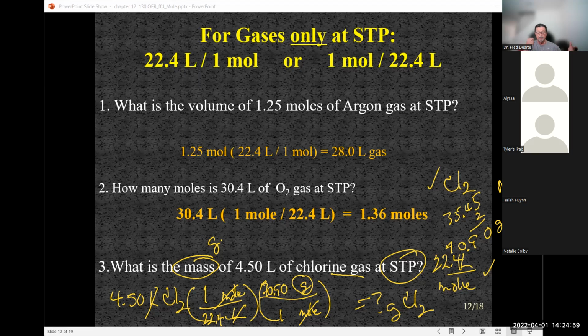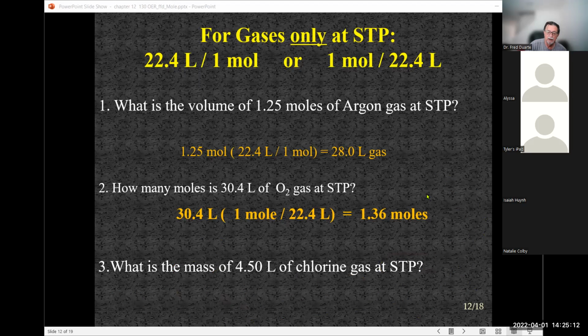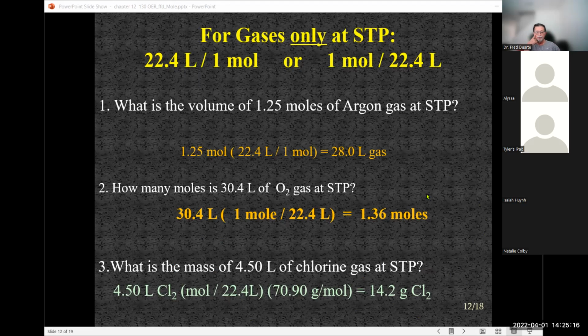Now it's a matter of doing the math: 4.50 divided by 22.4 multiplied by 70.9. And there you go. So 14.2 grams for 4.5 liters of chlorine gas.